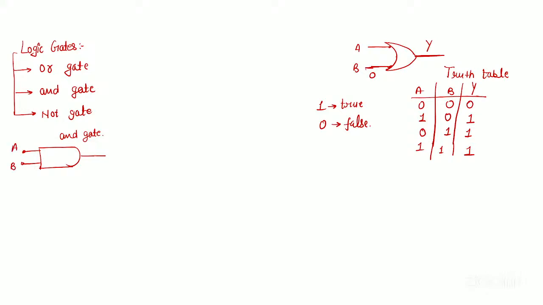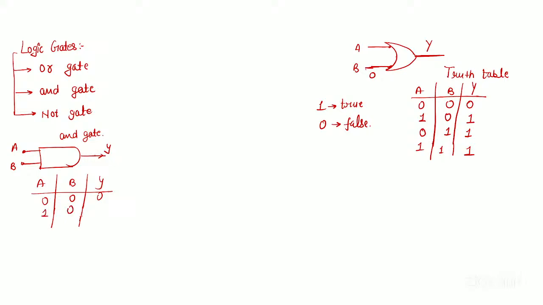The concept of the AND gate is very simple. When both the signals are true, then only it will return true, otherwise false. So A, B and Y. If A is 0, B is 0, both the signals are false, it will return false.